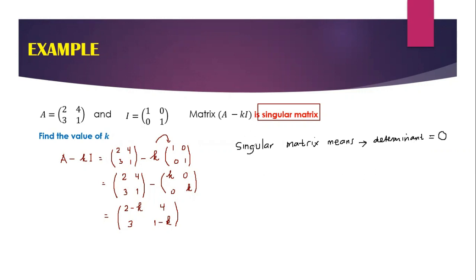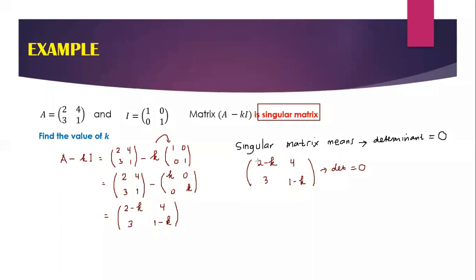So the matrix 2 minus k, 4, 3, 1 minus k has determinant value 0.